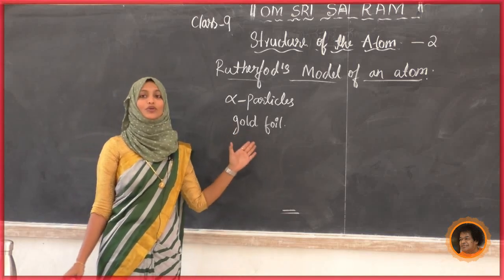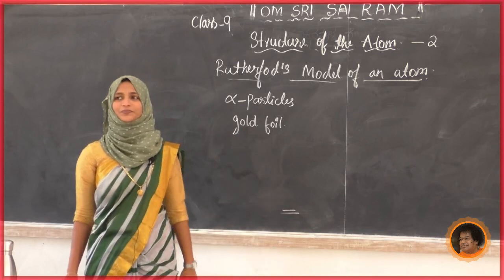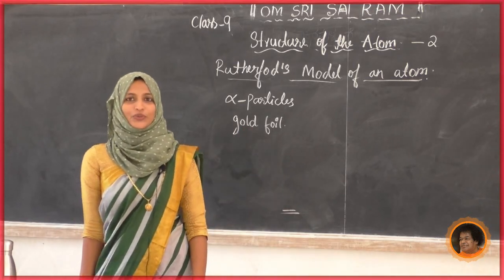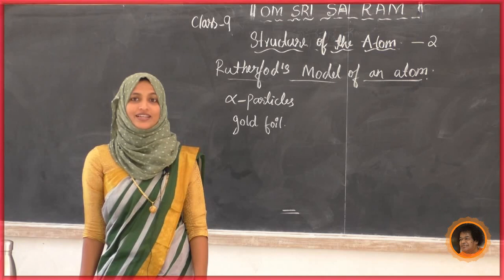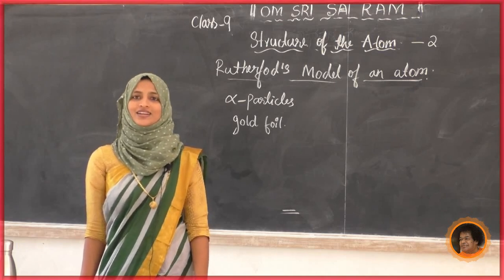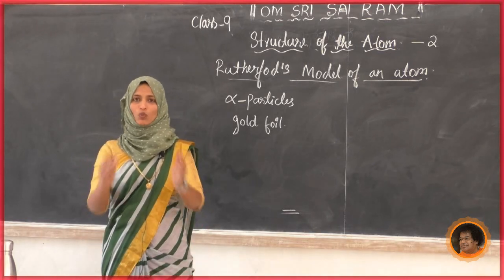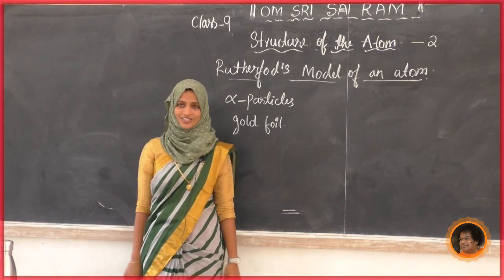You can see this is a gold foil like an aluminium foil. You may think it is very costly, but still he used it because the experiment had to succeed. Next, we will see what these alpha particles are.